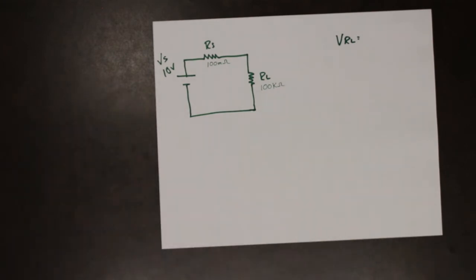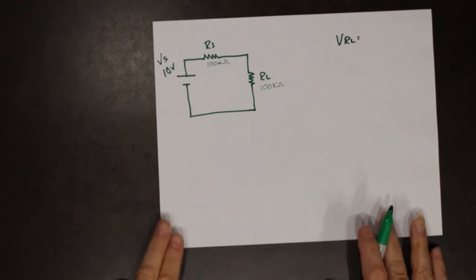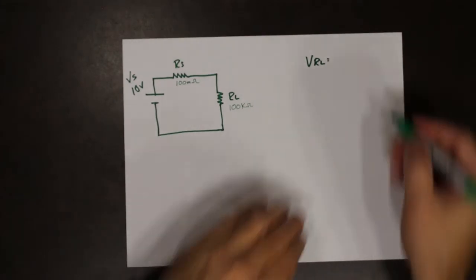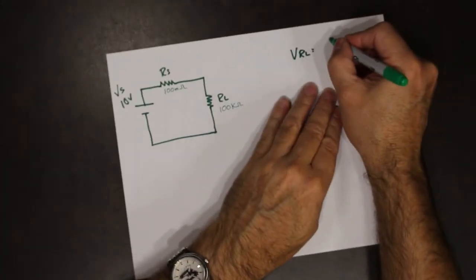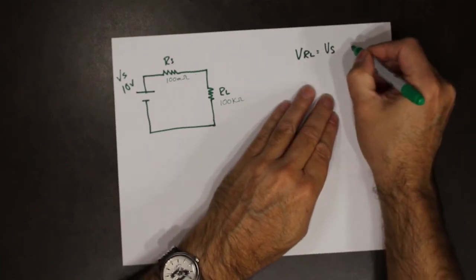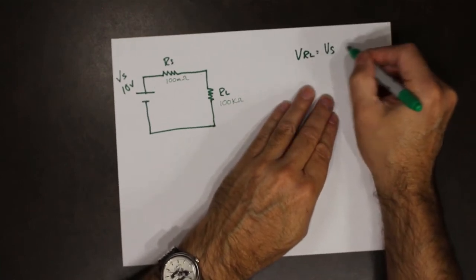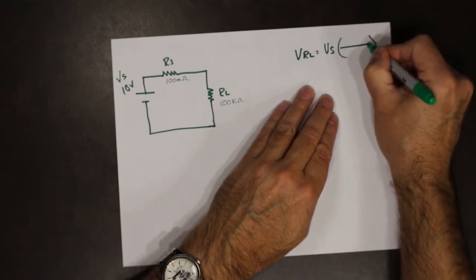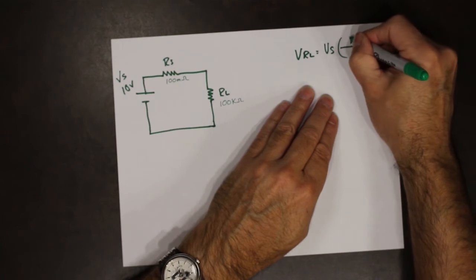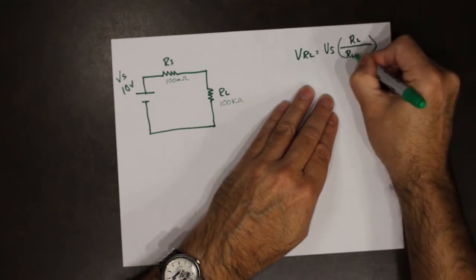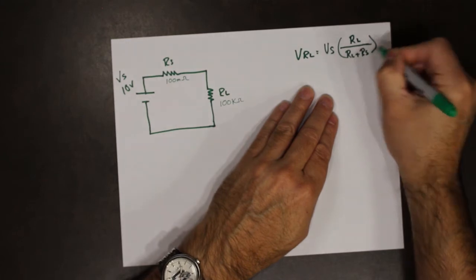Well, if you remember from a few lectures ago, we introduced the voltage divider law, and the voltage divider law basically was laid out like this. So the voltage across RL is equal to the voltage supply times RL over RL plus RS.